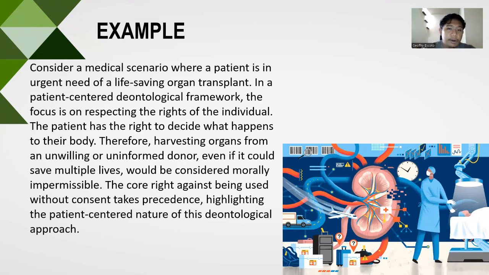Therefore, harvesting organs from an unwilling or uninformed donor, even if it could save multiple lives, would be considered morally impermissible. The core right against being used without consent takes precedence, highlighting the patient-centered nature of this deontological approach.